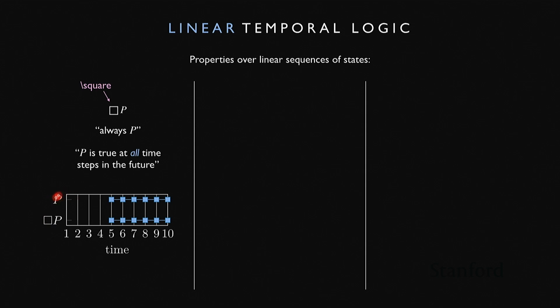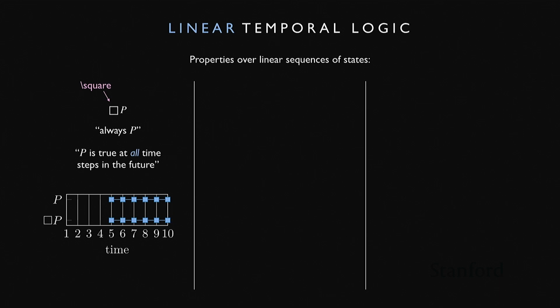P is our proposition here, and then we have always P. The way to read this is the blue dot indicates that it's true. If there's no dot there, it indicates that it's false. When we look at, for example, time step 1, we're looking at all time steps in the future, so all time steps from 1 on. When we look at whether or not it's satisfied at time step 7, we're only looking from time step 7 till the end. So we only care about what's in the future.